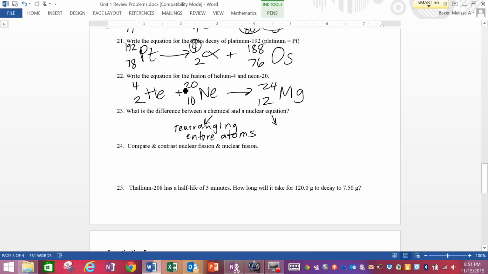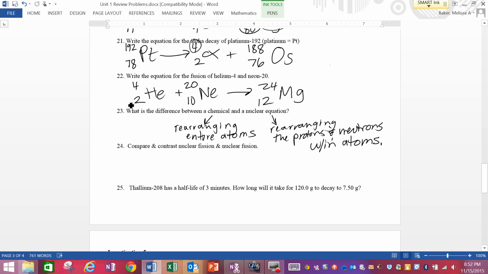But in a nuclear equation, you're actually rearranging the protons and neutrons within atoms. So that's actually changing their identity. That's really different. A chemical reaction can have property changes because new compounds are being formed, but a nuclear equation is changing the individual tiny atoms themselves.